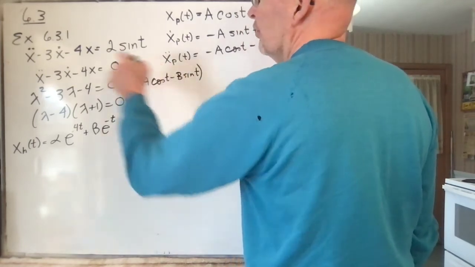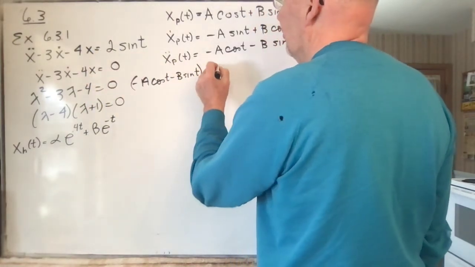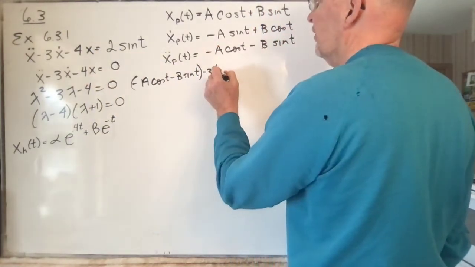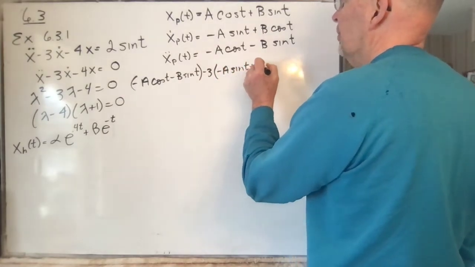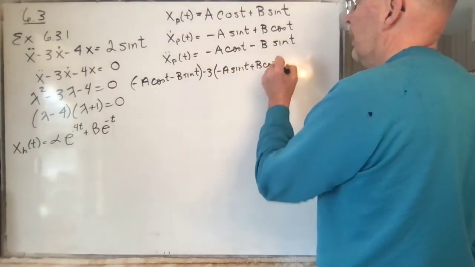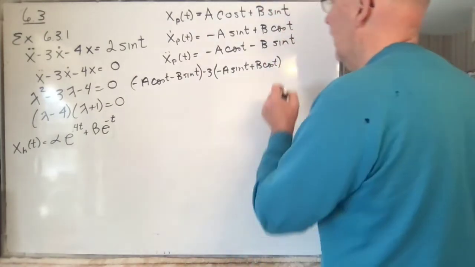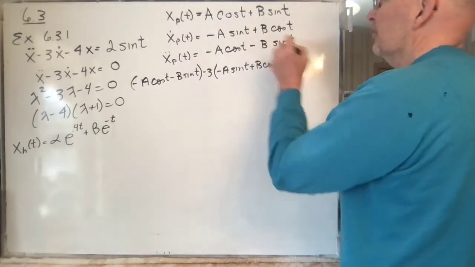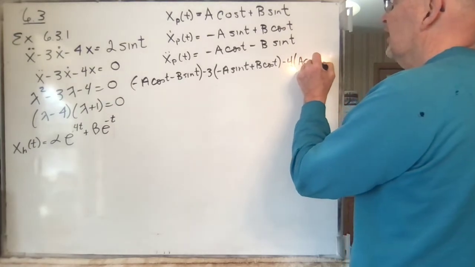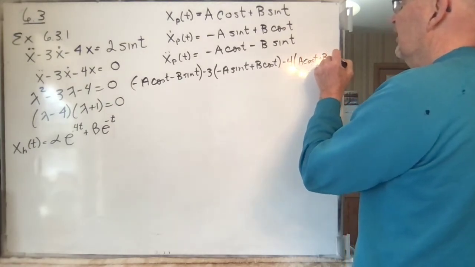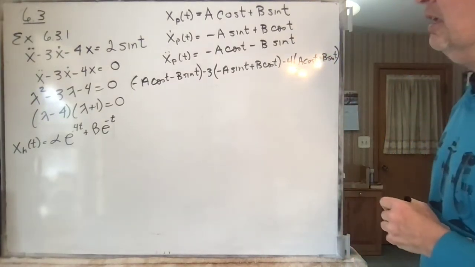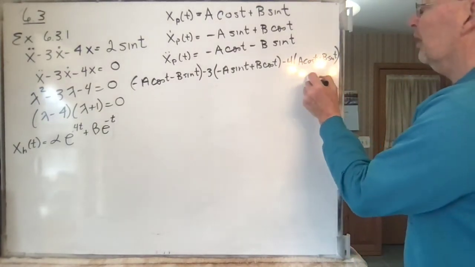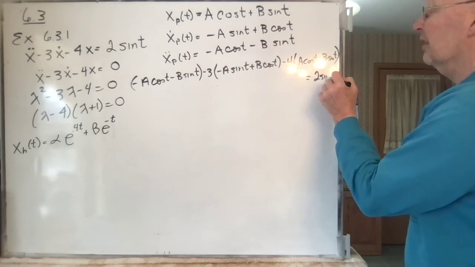There's your second derivative, minus 3 times the first derivative, so that's going to be minus 3 times negative a sine of t plus b cosine of t. And then finally, minus 4 times the original function, a cosine of t plus b sine of t. Okay, getting kind of small there. Okay, so that's all it has to equal 2 sine of t.